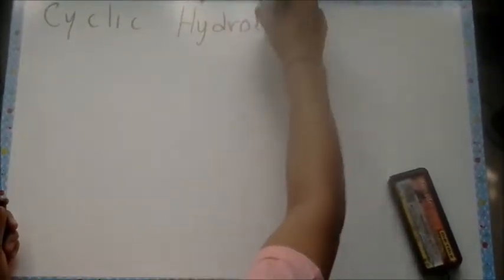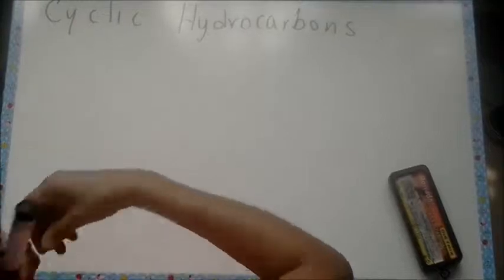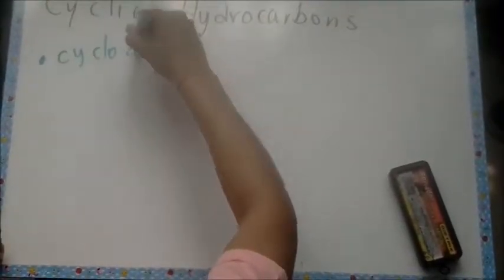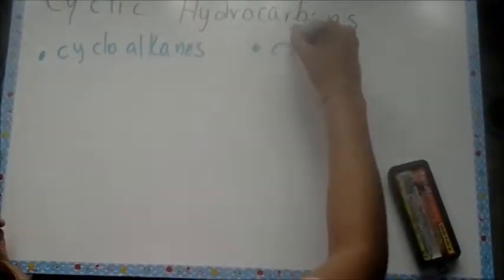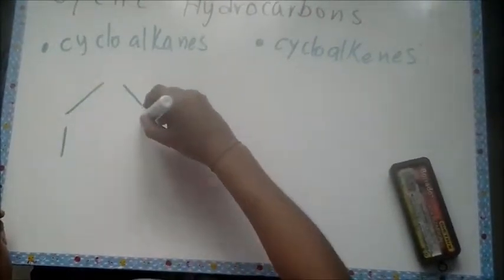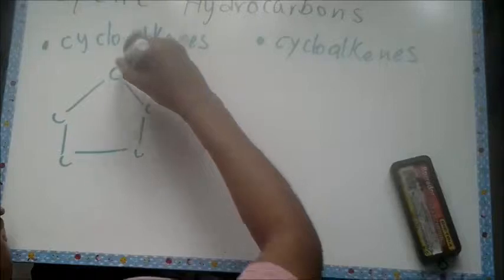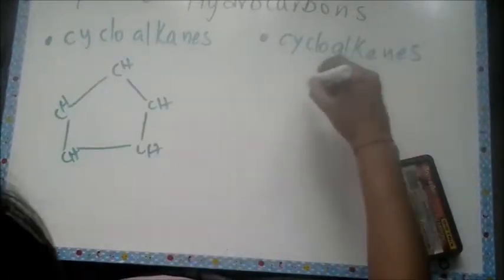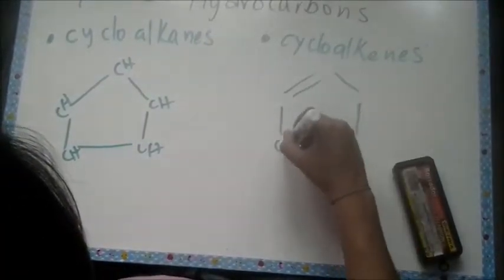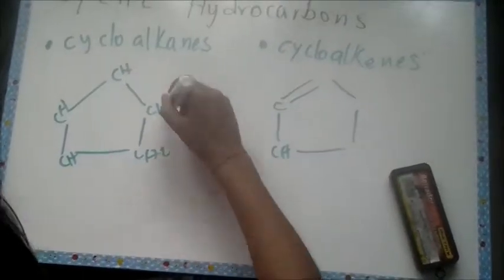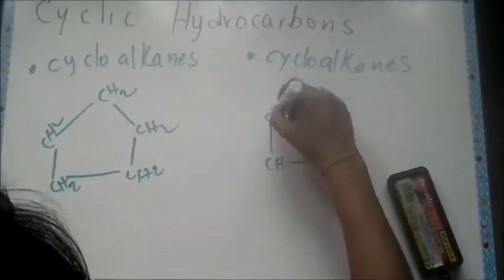Now we are going to talk about cyclic hydrocarbons. Those containing no multiple bonds are cycloalkanes. Those containing double bonds are cycloalkenes, and those with triple bonds are cycloalkynes.